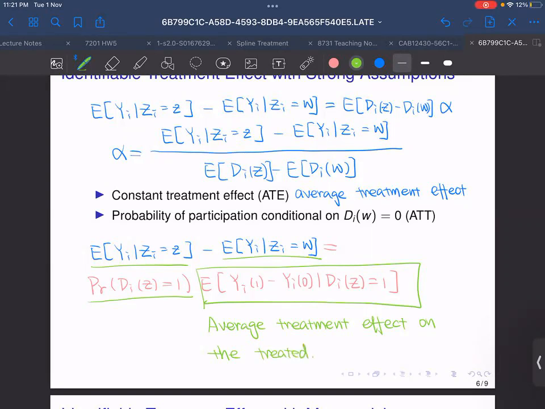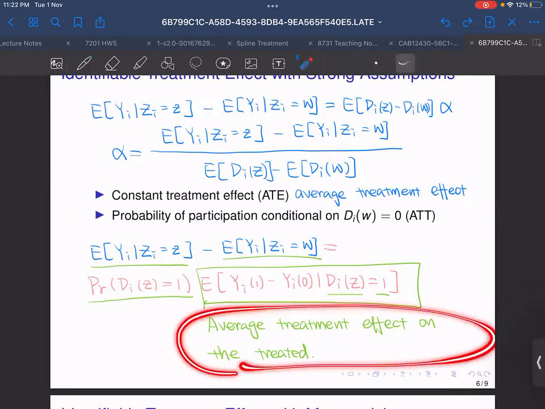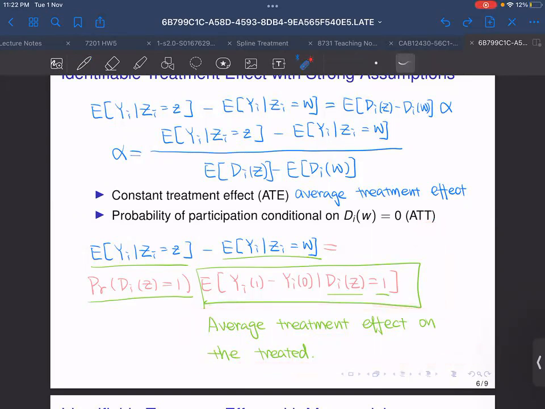Because that's everybody who gets draft number 3 and chooses to go, and their treatment status is 1, meaning that this individual i gets a draft number 3 and actually joined the army, because D_i(z) is 1. So this average treatment effect on the treated is exactly what I wrote here as ATT.